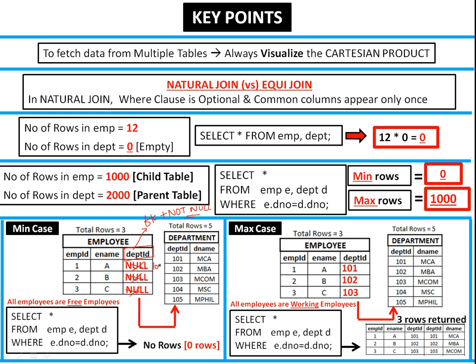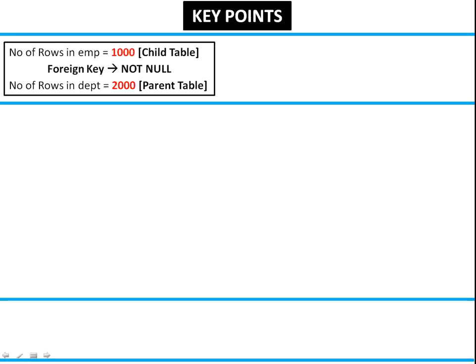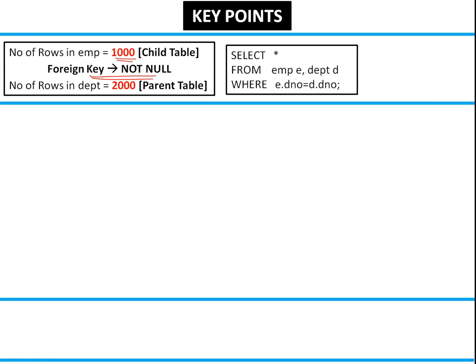In such case, there won't be any minimum case because all are working employees. In such case, minimum maximum is equal to rows of child table. That is the extension I am explaining. Look at this. Number of rows in child table 1000. Foreign key is not null as well. In such case, minimum and maximum always comes from child table, guys, because there is no free case.